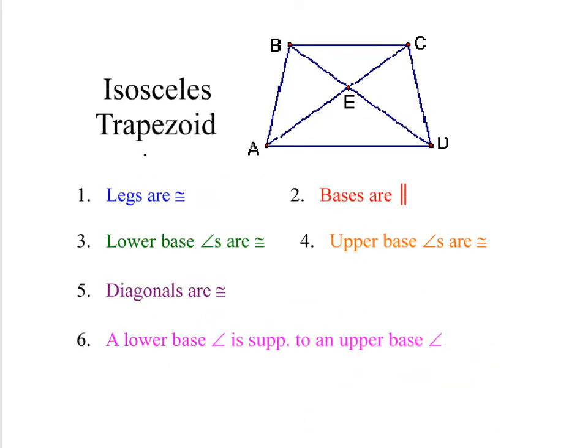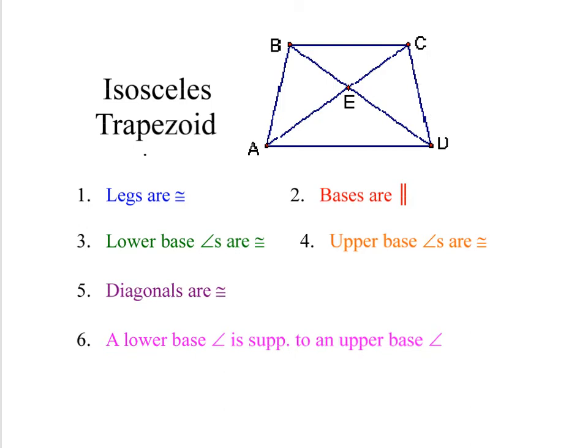An isosceles trapezoid, on the other hand, has a bunch of properties. We know that in a regular trapezoid, one pair of sides are parallel. In the isosceles trapezoid, the non-parallel sides are congruent. We call these the legs.